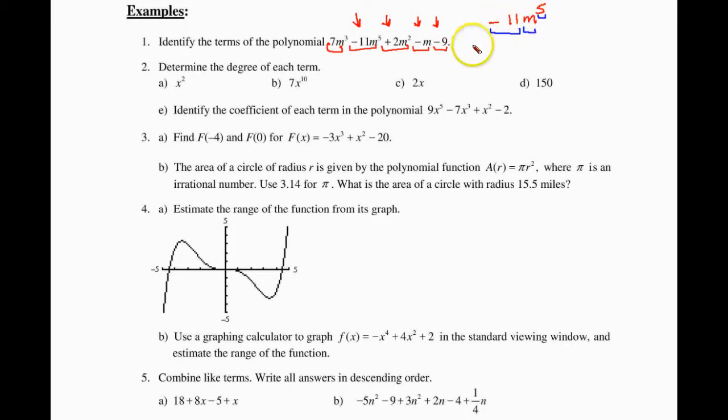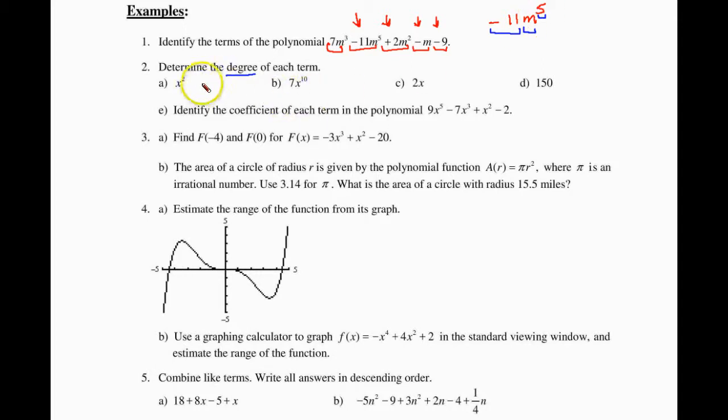In this section, we're going to call the exponent the degree of this particular term. The degree is arrived at by adding all of the exponents within a term. So within this term, there's only the 5, so the degree of this term is 5.